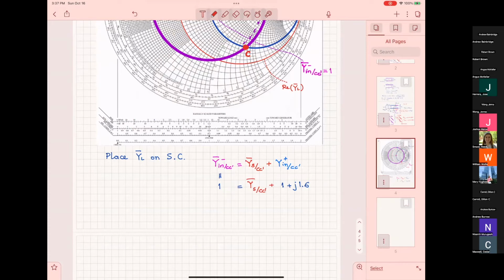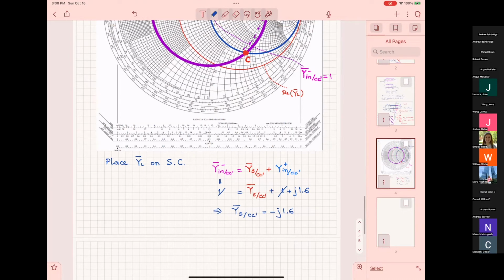But now I can solve this equation. All right. This and this go. And what do I have from here? That ys at C prime is minus j 1.6. That's what I found.